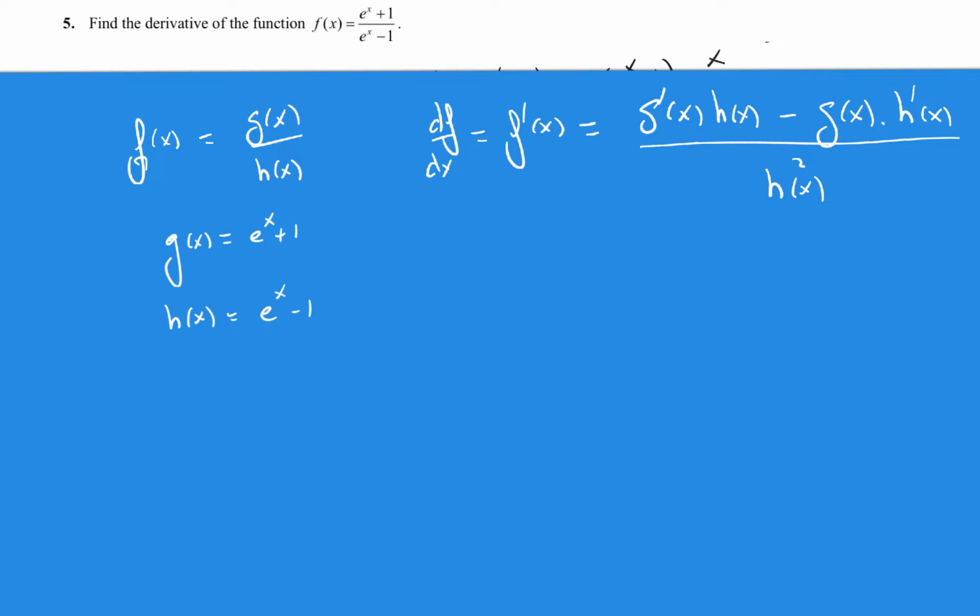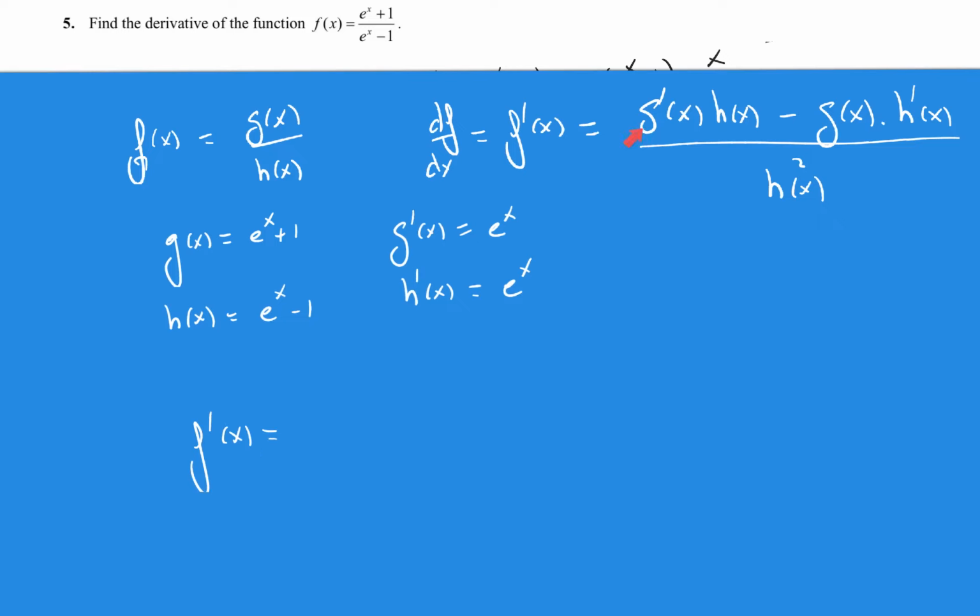And g prime of x is e to the x plus the derivative of 1, which is 0. And the derivative h prime of x is e to the x plus the derivative of minus 1, which is a constant, doesn't change, so the derivative is 0. So f prime of x will be the derivative.